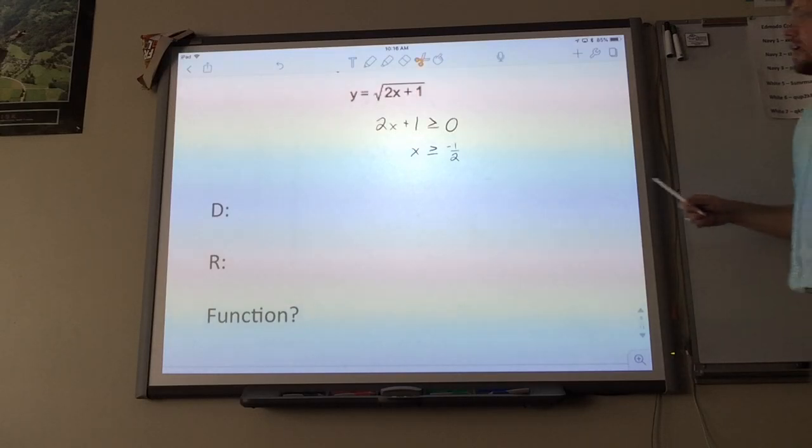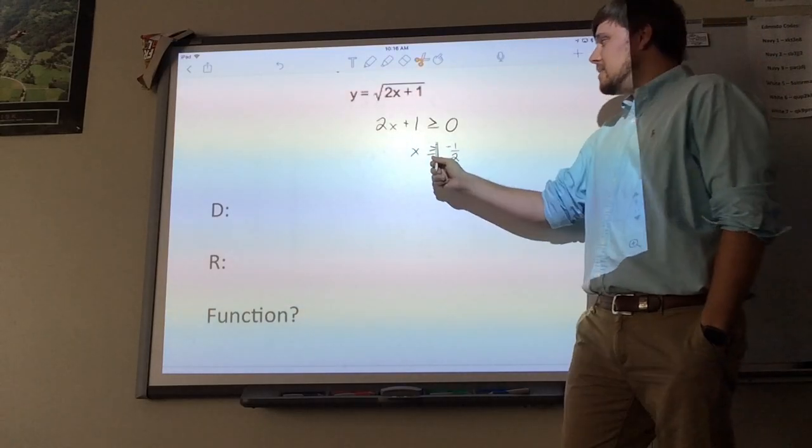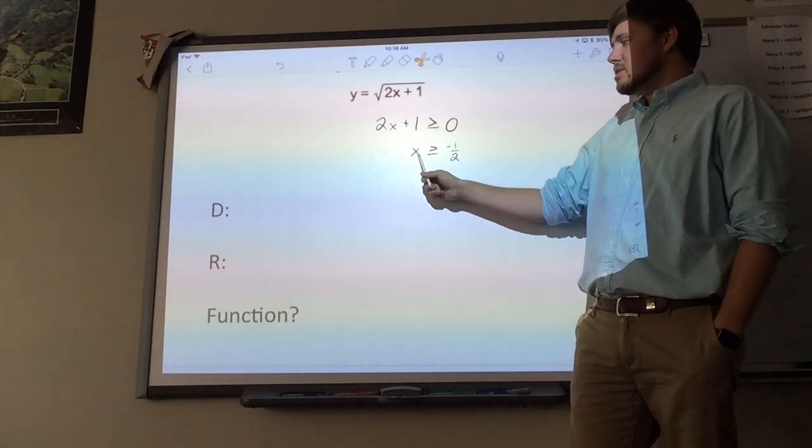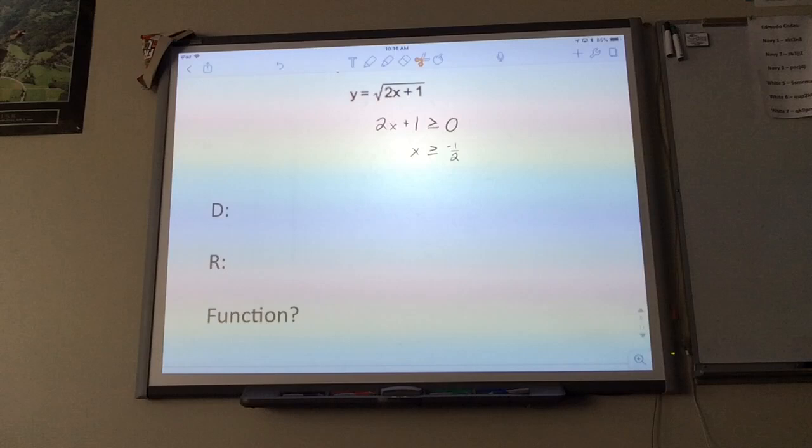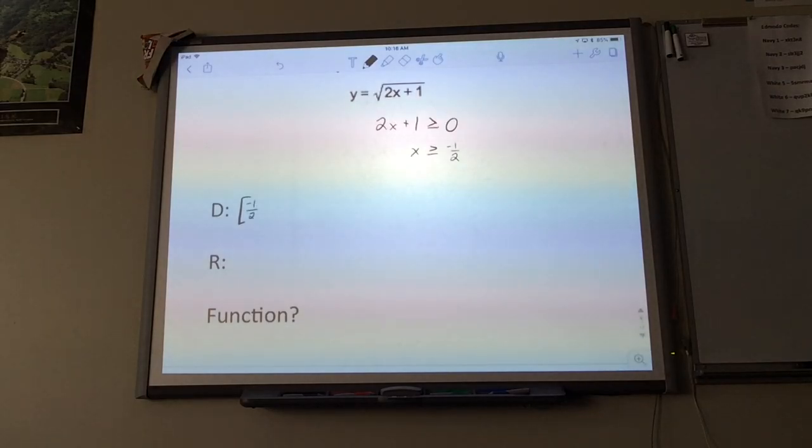So we did that. Okay, so this is actually our domain because we figured out what our x is, right? So we can write down our domain based off that right there. It says x is greater than or equal to negative 1/2. That means we're going to start at this negative 1/2.